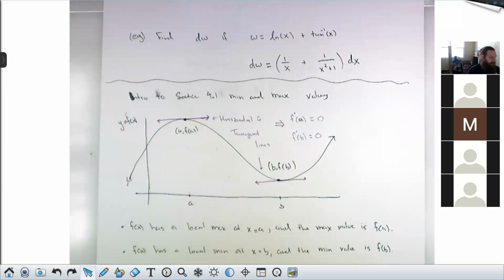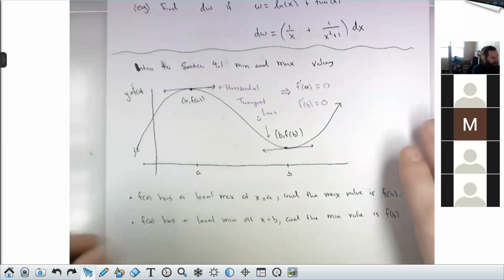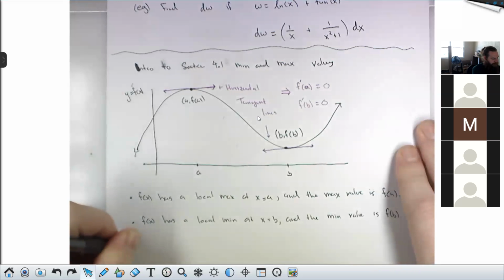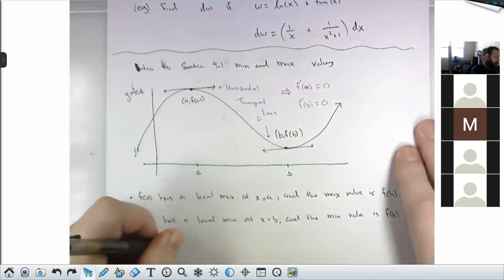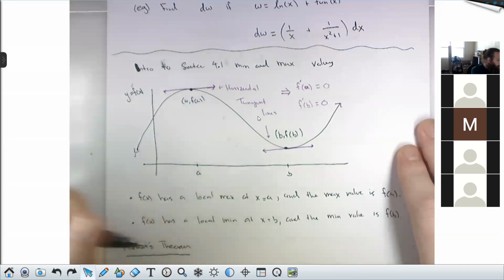The converse, it turns out, is not true, and this is called Fermat's theorem. This will be the last thing I show you today. And maybe I'll give you a definition after this too.